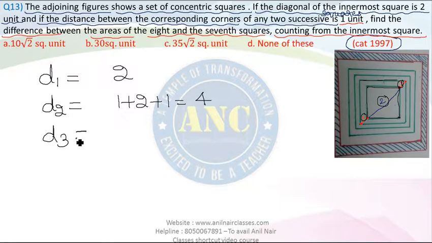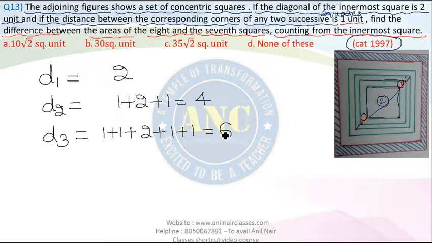What is the diagonal of the third square? Similarly, this corner and this corner is also 1 unit, and this corner and this corner is also 1 unit. So the diagonal of the third square is 1 plus 1 plus 2 plus 1 plus 1, so it is 6.